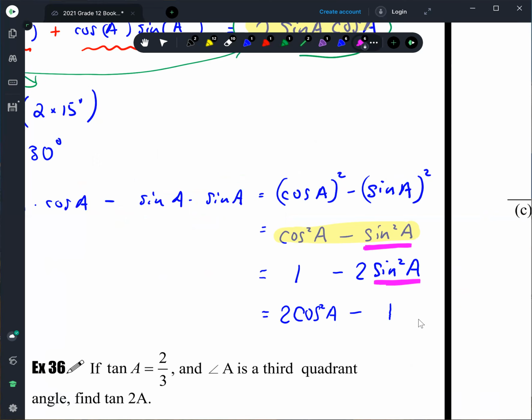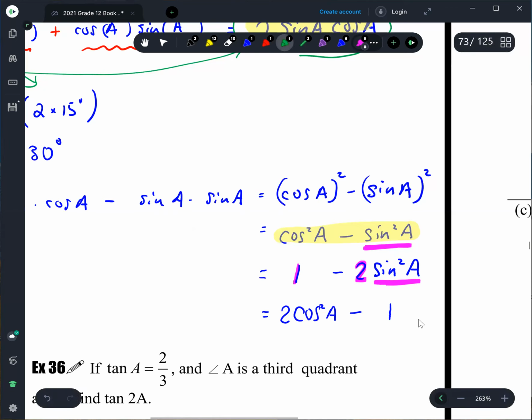And then the other one, cosine square just turns into 1. Make sense? And you need to add an extra 2. So the extra part is you need to have a 1 and a 2. You use the cosine square minus sine square to remember it. So sine square is at the back.